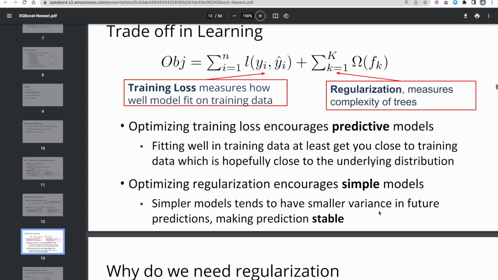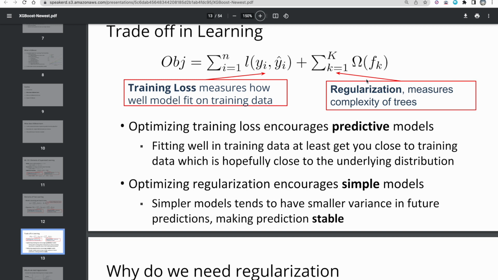Now, these two things work in different directions: your traditional mean square loss and your regularization. When you optimize the loss, you are inherently trying to minimize the difference between your prediction and your observation, so you are trying to closely mimic the observations. That means minimizing the training loss has a chance of going into a high variance situation.